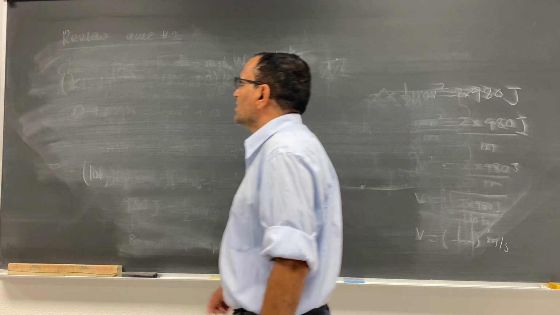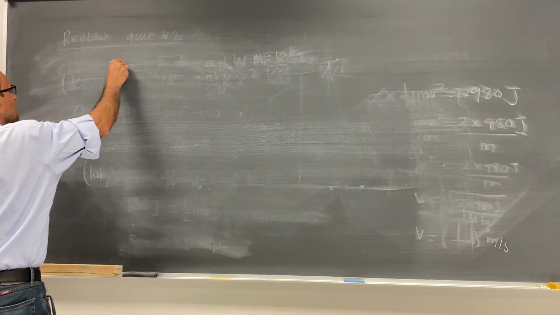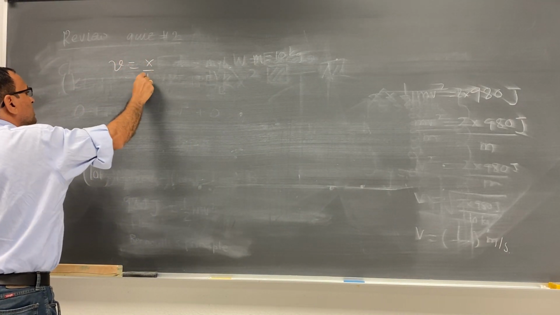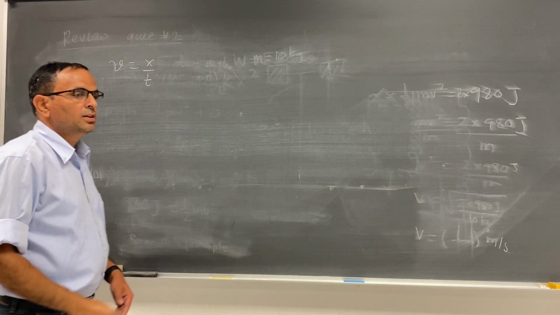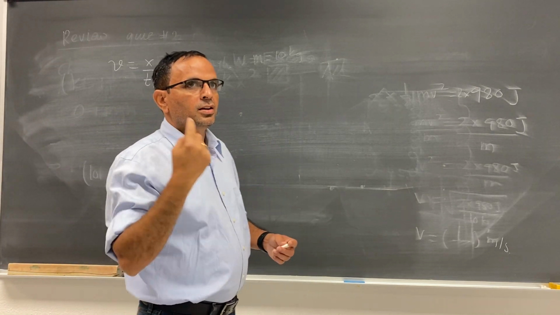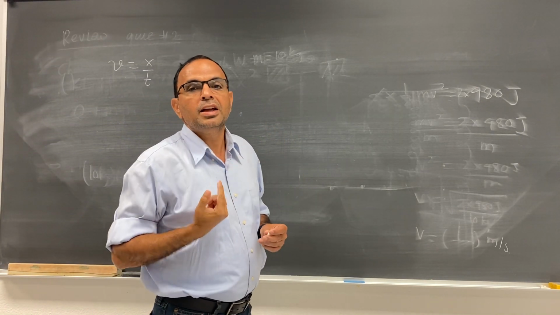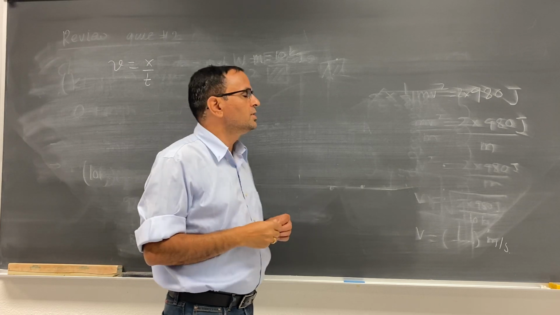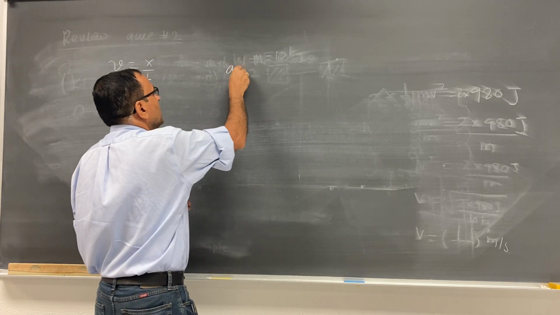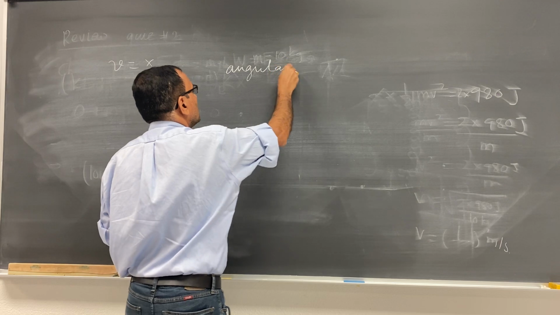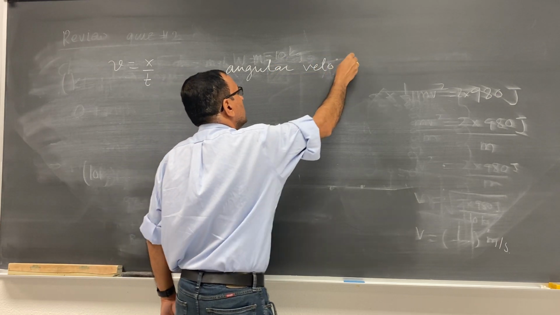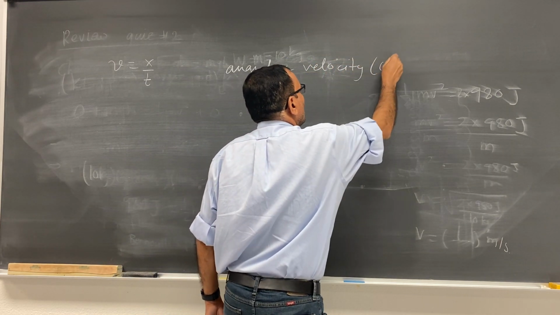Simply, linear velocity is x divided by t. If you are rotating like a merry-go-round, you have an angular velocity. Angular velocity is simply denoted by omega.